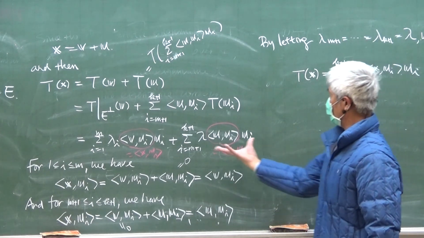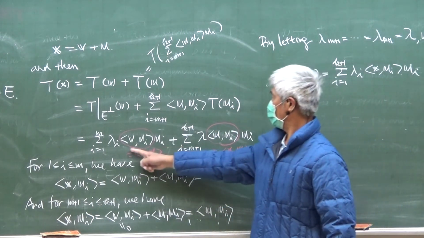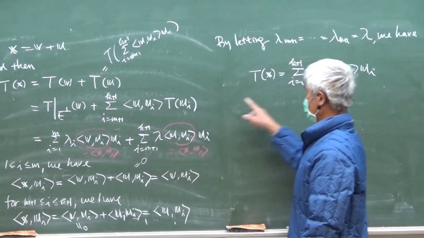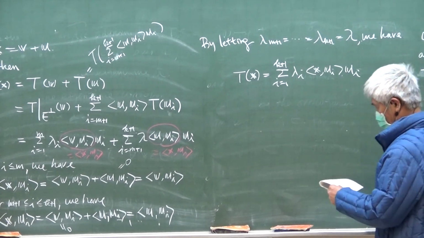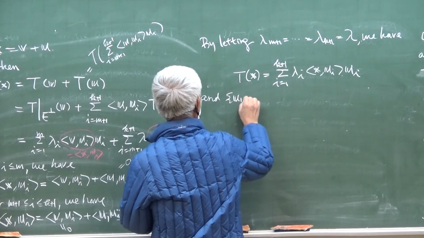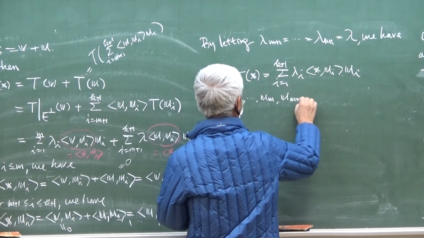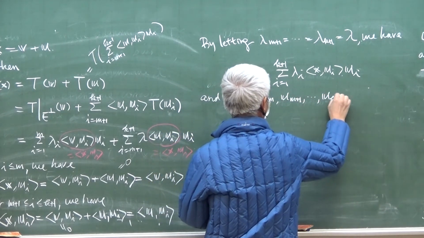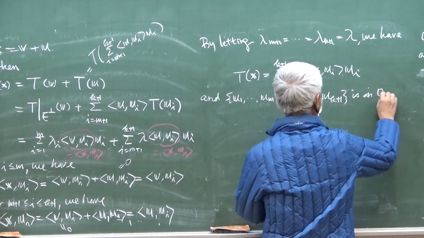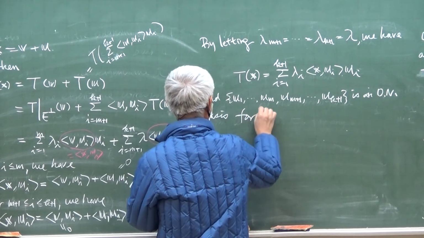We can combine them together, because the form here is ⟨x, u_i⟩ and this is ⟨x, u_i⟩, the same. And u_1 up to u_m, plus u_{m+1} up to u_{k+1}, is an orthonormal basis for V.